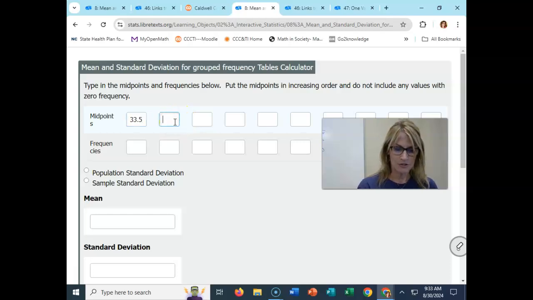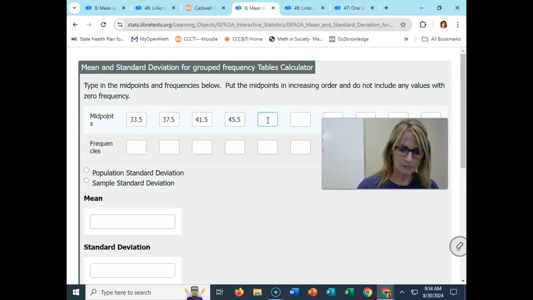Some people were going between 36 and 39, so if you average that we get 37.5. Some people were going between 40 and 43, so if you average that we get 41.5. Some people were going between 44 and 47, so that gives us 44.5.